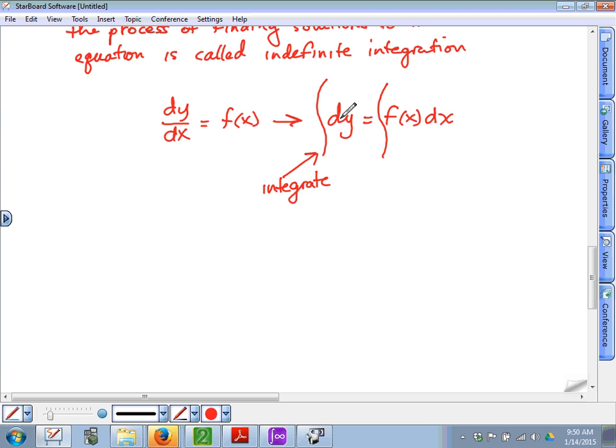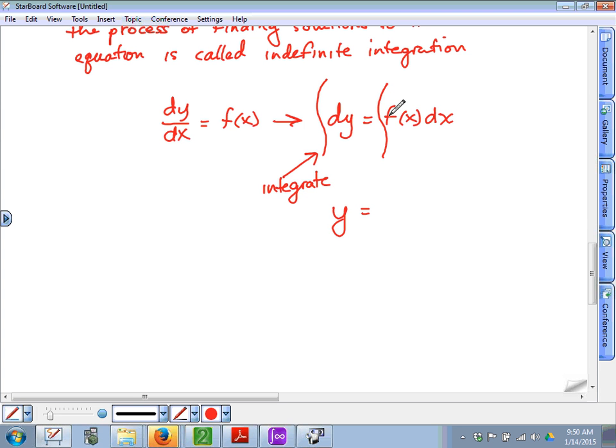The integral of dy is equal to y. If you take the integral of dy, that's equal to y. It's the antiderivative, essentially. The process of finding an integral is antiderivative.